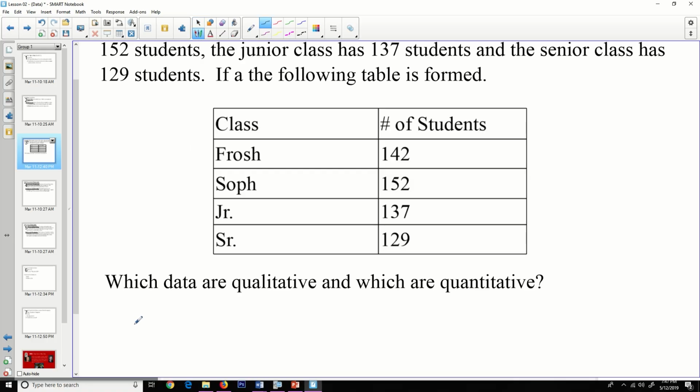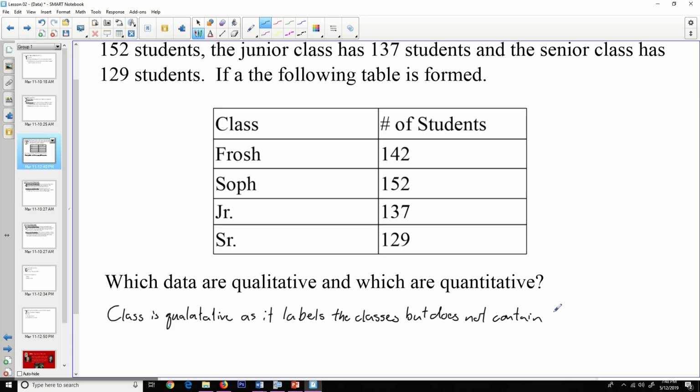Well, as a solution, the class is qualitative as it labels the classes, but does not contain numerical data.